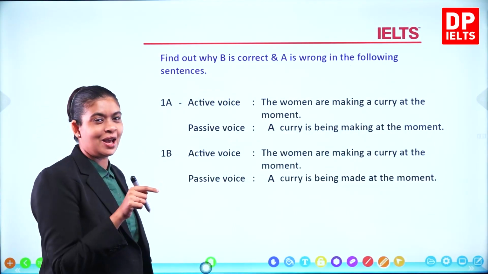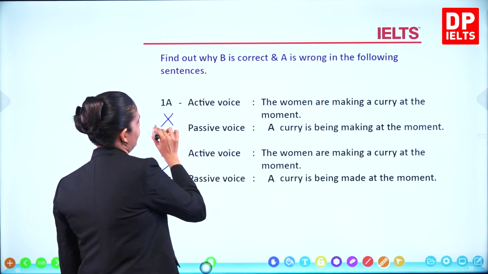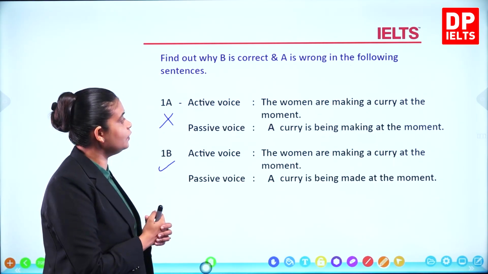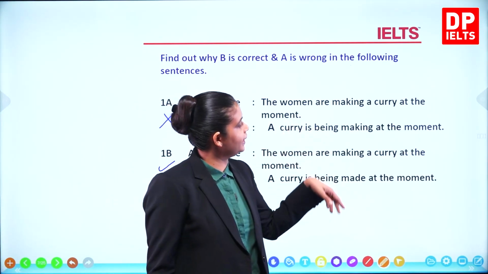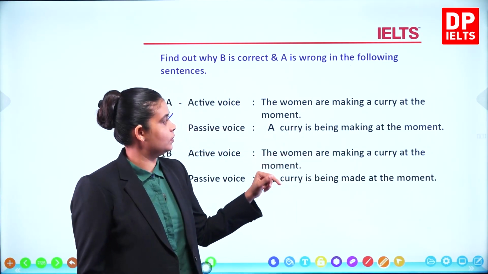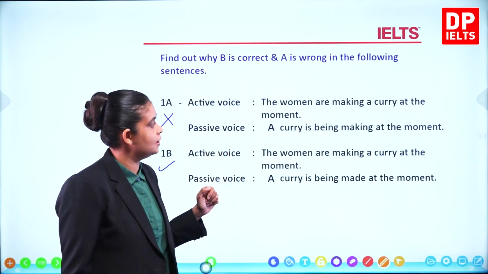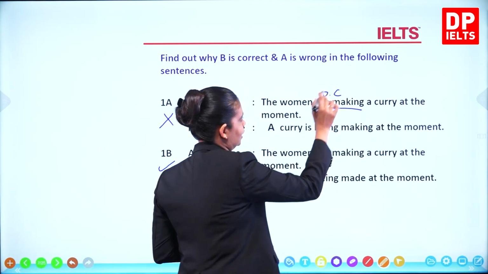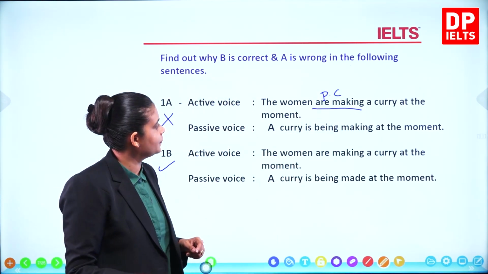You must find out why B is correct and A is incorrect. Okay? So let's have a look at the first sentence. The women are making a curry at the moment. That's fine. That's an active voice sentence. And which tense is it? It's in the present continuous tense. PC means present continuous, right?